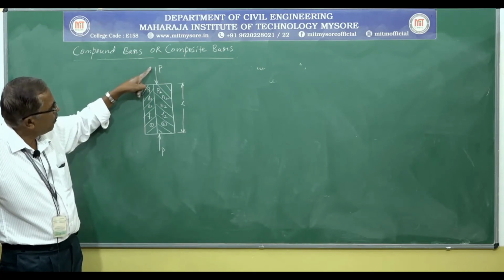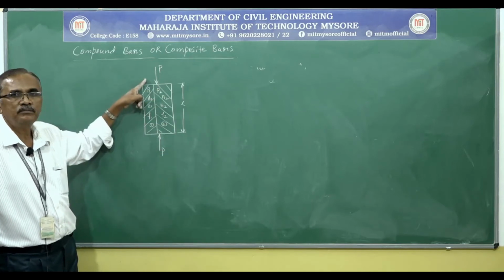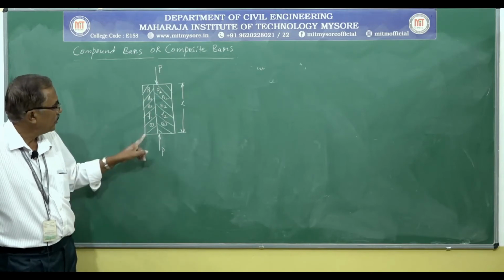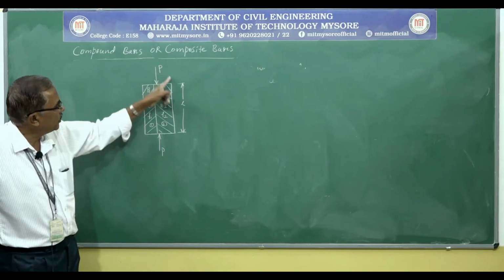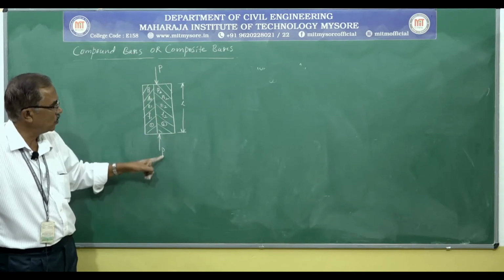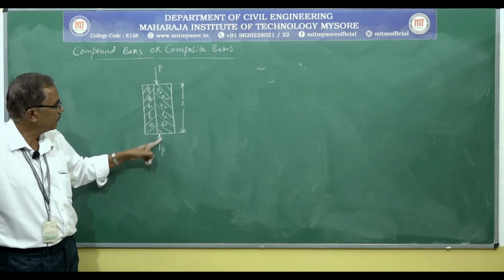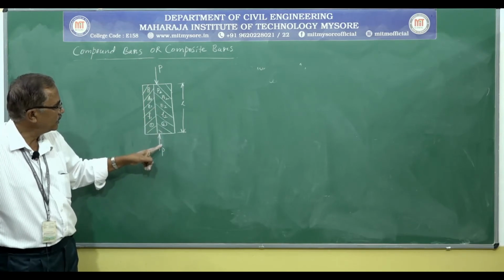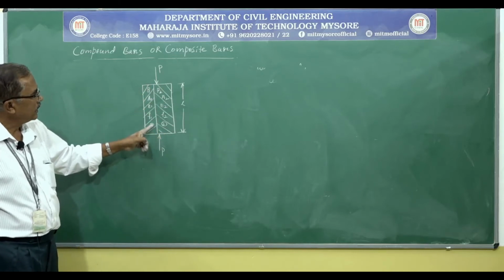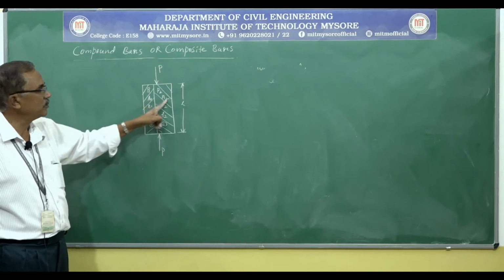When this compound bar is subjected to an axial load, compressive or tensile, the bar as a whole will receive the load. When it receives the load as a whole, the load will be transferred to the bar, and the carrying capacity of the bar depends upon the Young's modulus of the material.